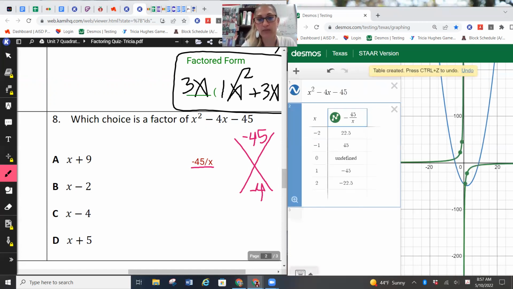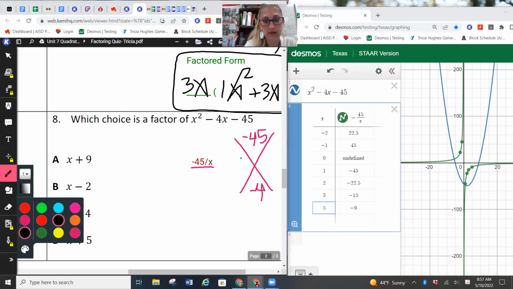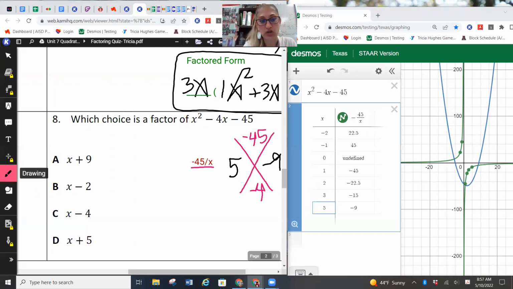Go to the table. 5 times negative 9 is my answer. So the answer would be x plus 5 and x minus 9.